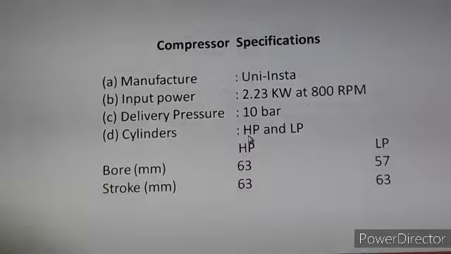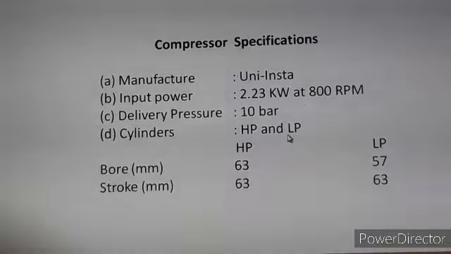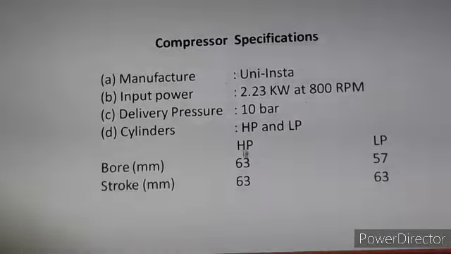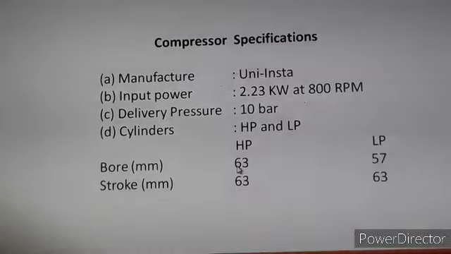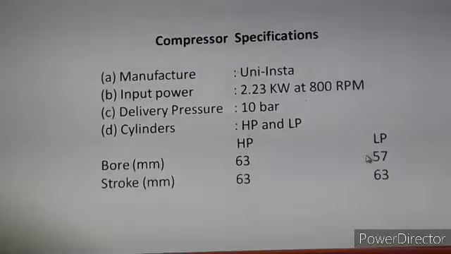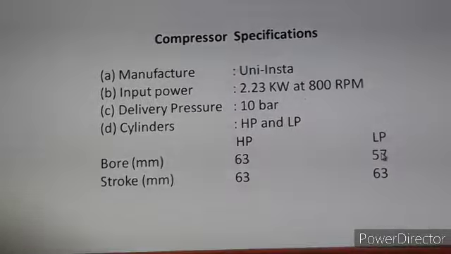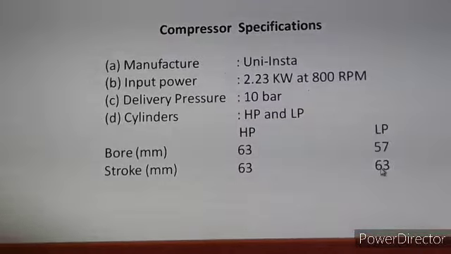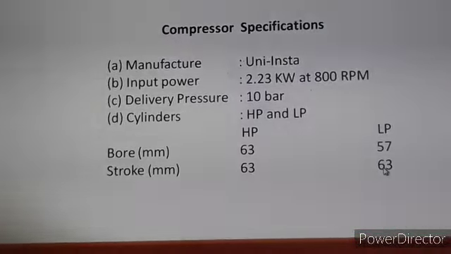The high pressure cylinder is referred to as HP cylinder and the low pressure cylinder is referred to as LP cylinder. For the high pressure cylinder, cylinder diameter is 63 millimeter and stroke length is 63 millimeter, whereas for the low pressure cylinder, diameter is 57 millimeter and the stroke is 63 millimeter.